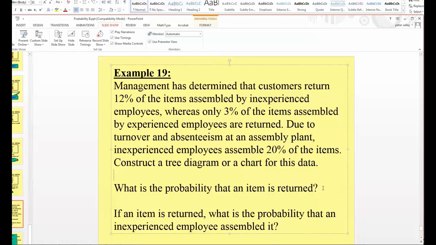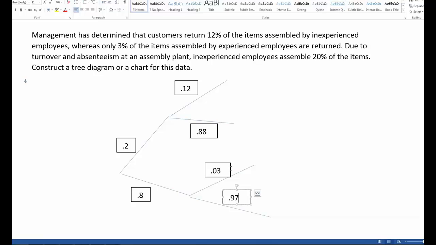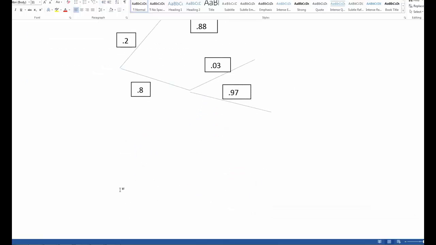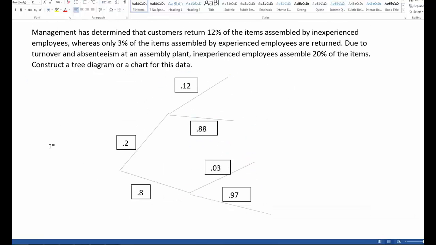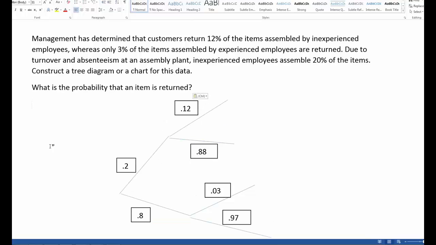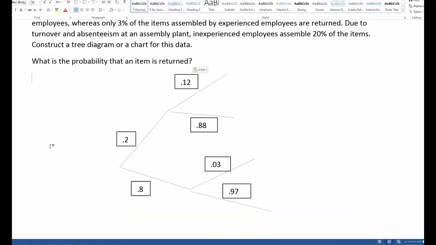Okay, so going back to the question: what's the probability that an item is returned? Let me go to this chart I made. I'll just try and copy paste. Oh, that worked. Okay. Well, let's take a look at all the different probabilities for where things are returned.